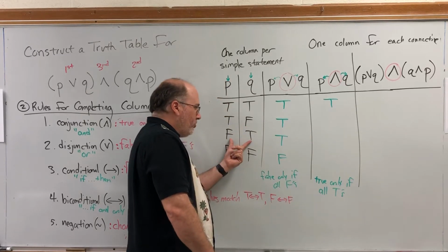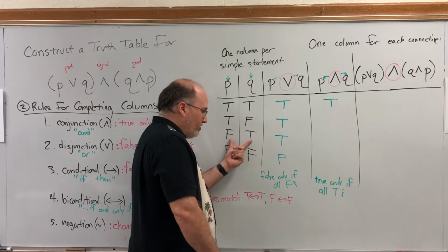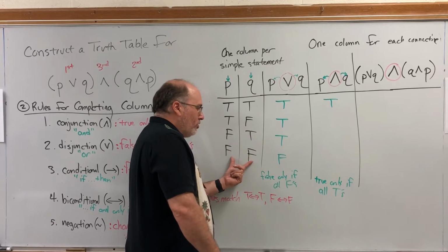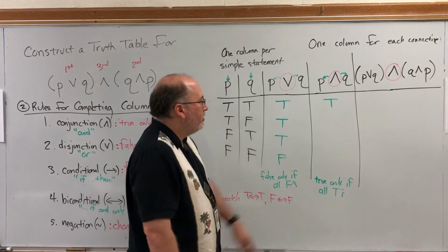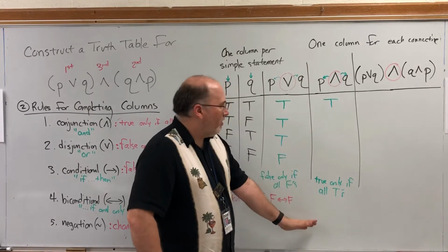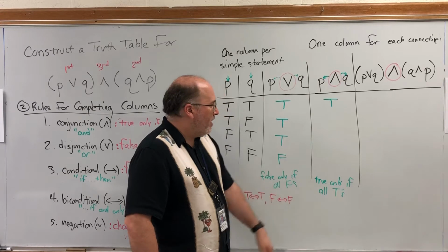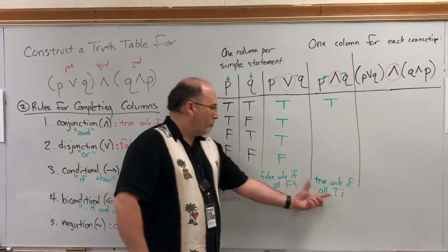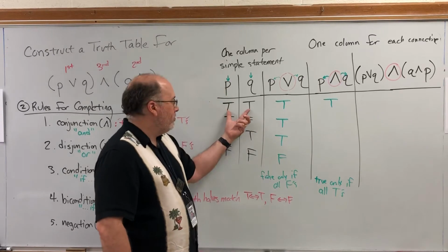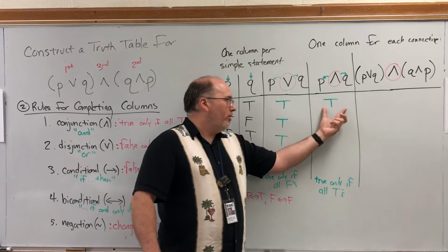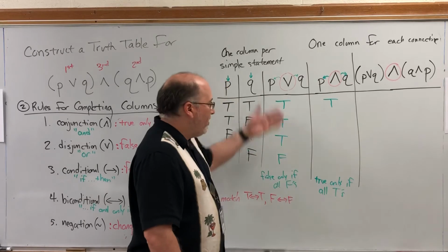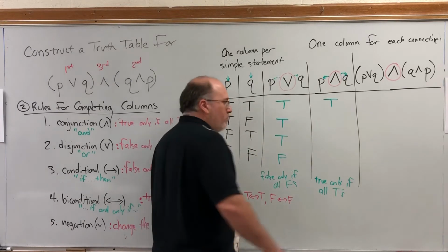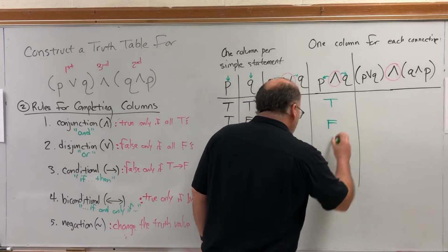And in the next row, it's not all T's, so the rule does not apply. And in the last row, it is not all T's, so the rule does not apply. So for the second column that we're completing over here, the only row where this rule applies is the first row. So the first row is the only row over here where I will write T in this column. That means the rest of them are not true, so the rest of them are false.